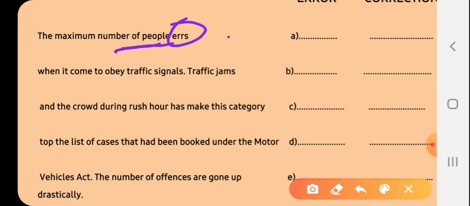So what will be our answer? You have to write as in the error column while are in the correction column. When it come to obey traffic signals. When it comes. What is correction here? Comes.